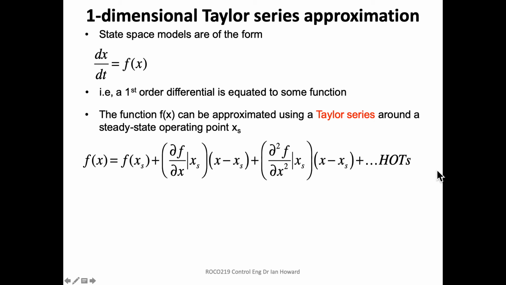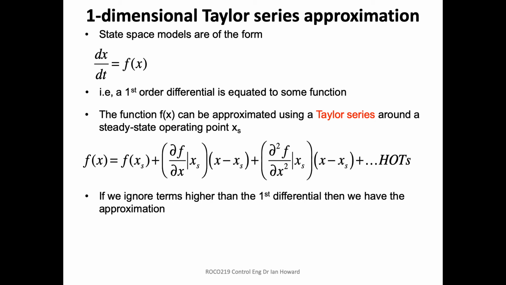It goes up to higher order terms. But we're going to say we only care about the first order terms, right? And that's fair enough because the other ones become less and less important anyway. As the deviation from the point you're interested in becomes smaller and smaller, their effect is less and less. So we're going to throw out everything other than the first order terms.